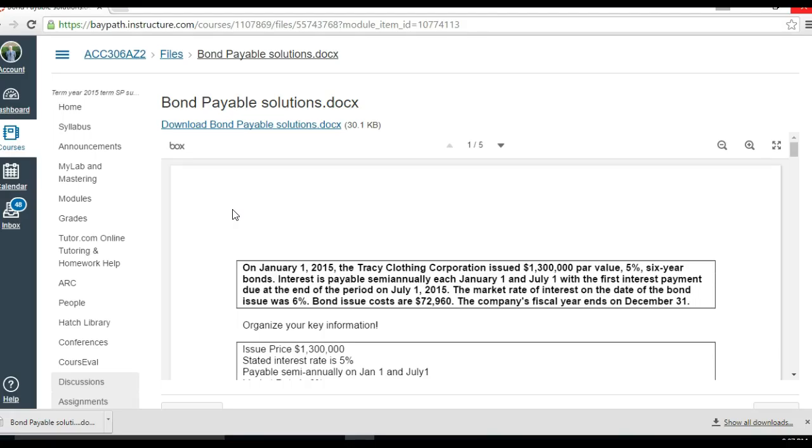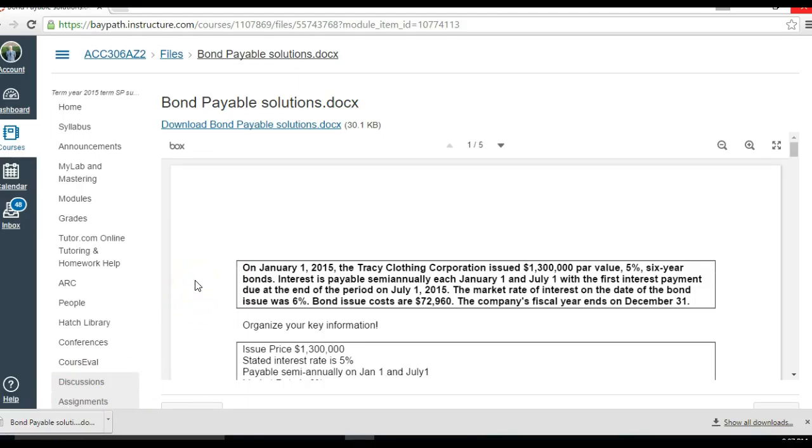The bond payable uses an effective interest method, which I will go through, and all that is basically recording interest at the coupon rate, but actually giving the market rate. So let's walk through this problem.